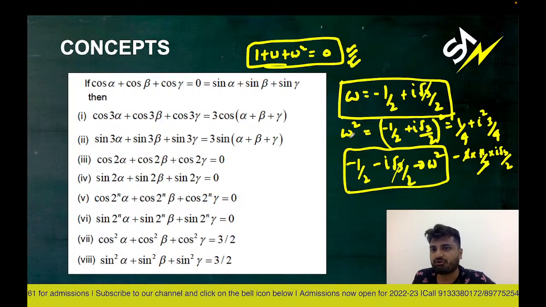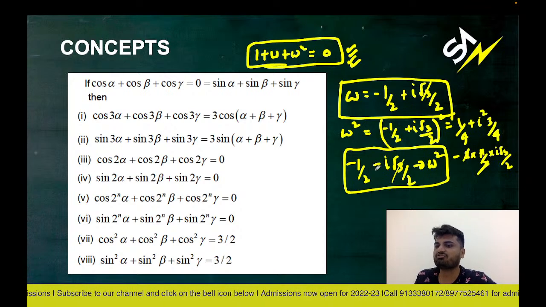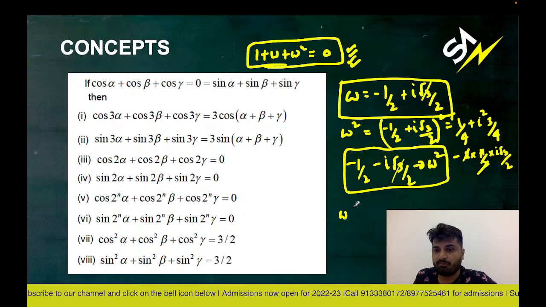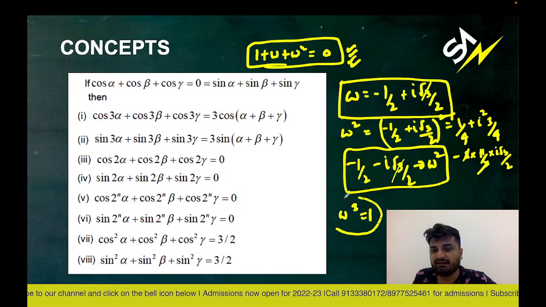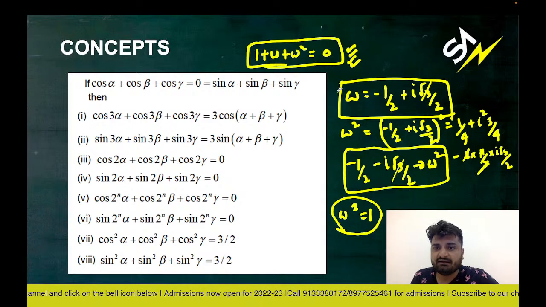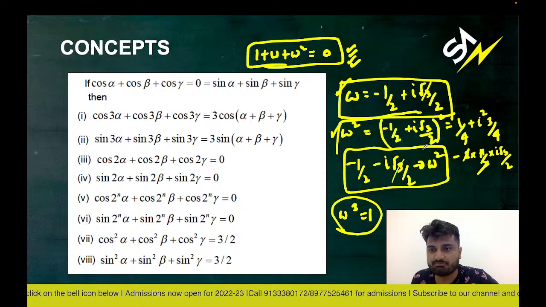And you will observe that if you multiply these, it will be a plus b, a minus b, 1 by 4, minus of minus plus. You will get 1 by 4 plus 3 by 4. So omega cube value will be 1. So these are some of the considerations you have to keep in mind before solving the problems.